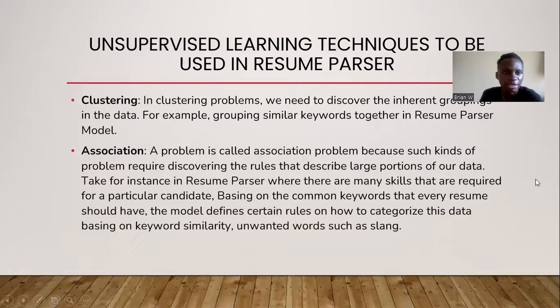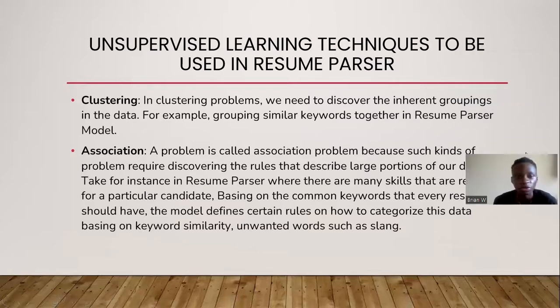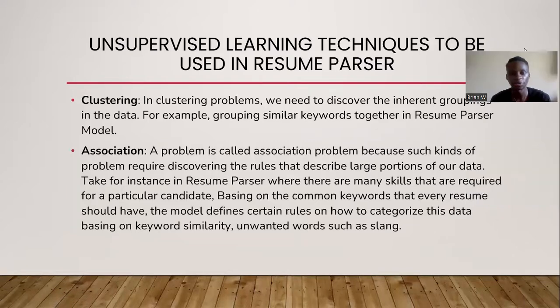Then for unsupervised learning, we look at techniques such as clustering. In clustering problems, we need to discover the inherent groupings in data. For example, grouping similar words together in a resume parser. Then association, a problem is called an association problem because such a kind of problem requires discovering the rules that govern large portions of data.